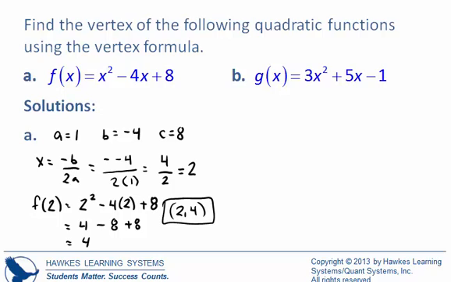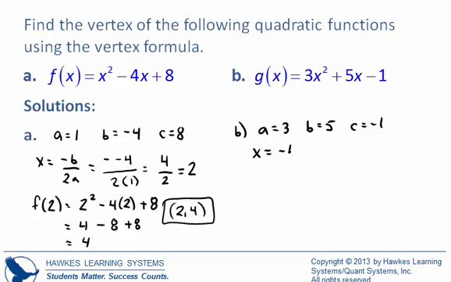Let's look at part B. For part B, our function says g of x is equal to 3x squared plus 5x minus 1. The a value is 3, the b value is 5, and the c value is negative 1.